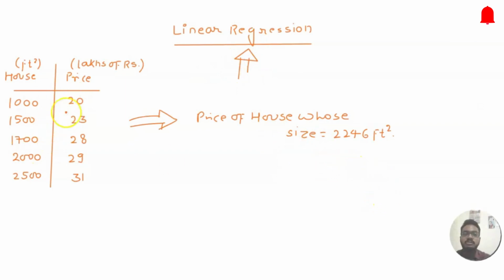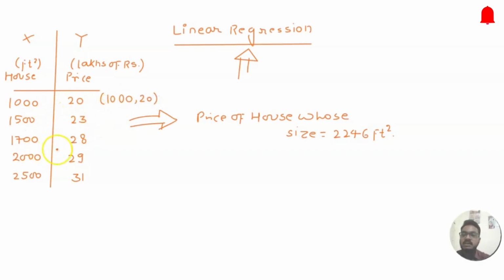Basically, we try to plot this data set in the XY plane. Consider the first feature as the X value and the second feature as the Y value, so this will form a pair. For 1000 square feet, we have the price as 20 lakh rupees, and we can represent this using the coordinate pair (1000, 20).